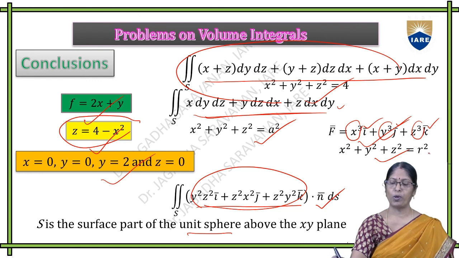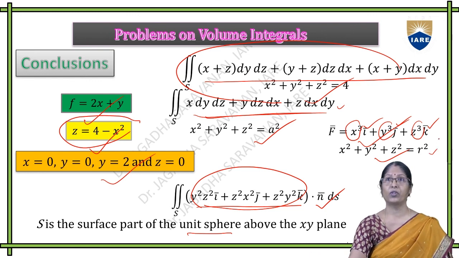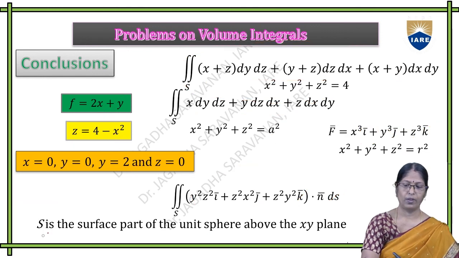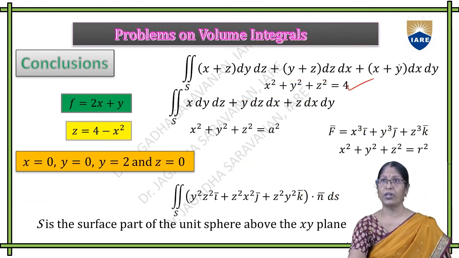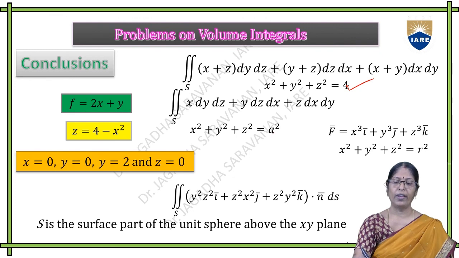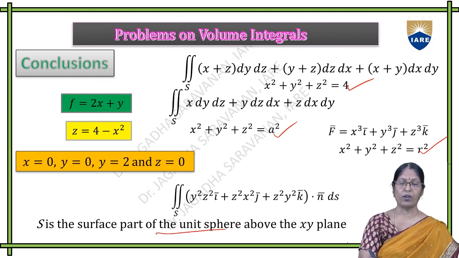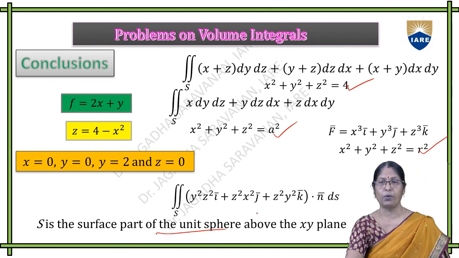The picture before the problem is very clearly given. So in this problem, r square equal to 4. In the next problem, r square equal to a square. Here r square is r square, whereas in the last problem, the unit sphere, it is 1.